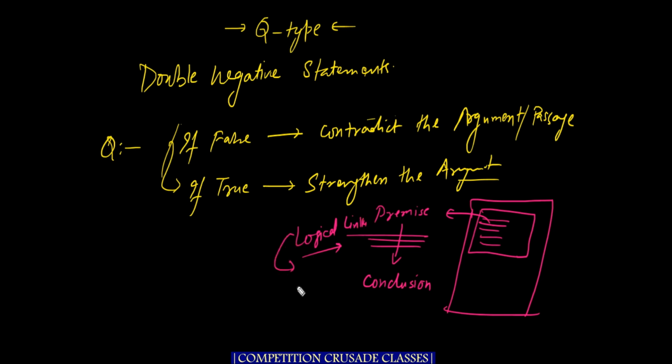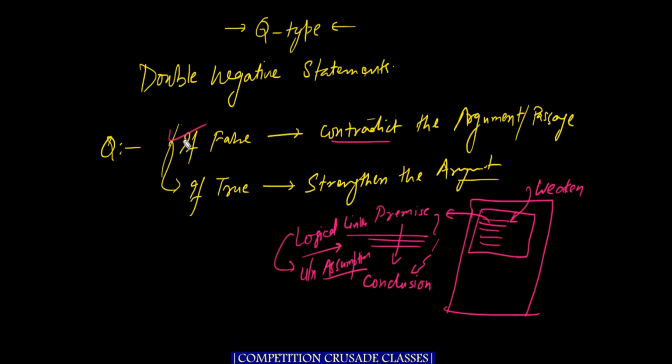These logical links are called unstated assumptions. Now, when I say that if a statement is false, it contradicts the argument, basically that means it weakens the argument. If it strengthens the argument, then the logical link, the unstated assumptions, will make sure that the premise reaches the conclusion in a logically constructive way. I hope that makes sense.